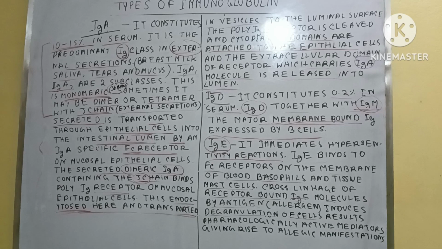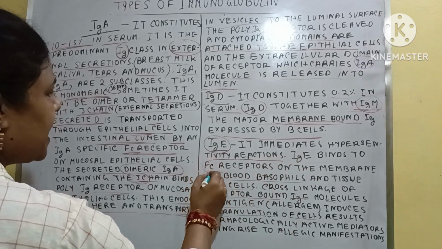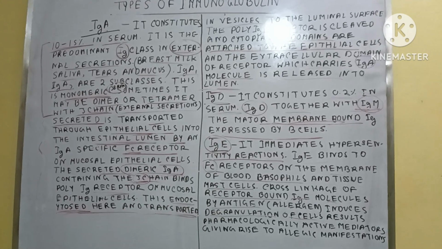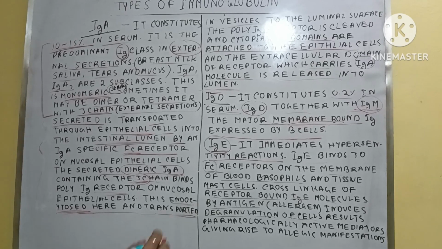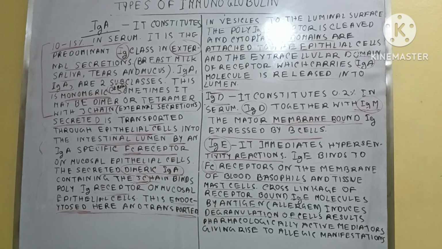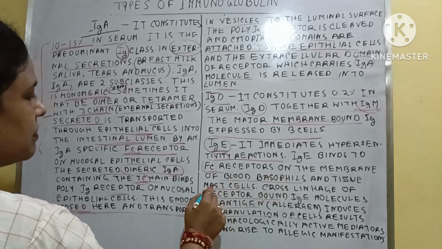What is seen here is that IgE generally binds with the Fc receptor. Actually, IgE binds with the Fc receptor on two kinds of cells, blood basophils and mast cells.